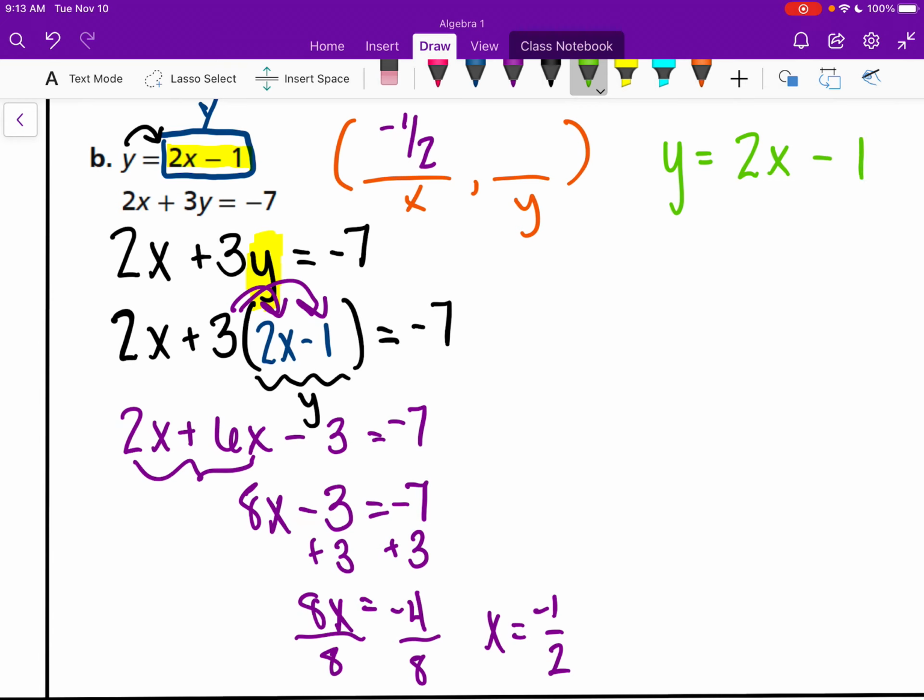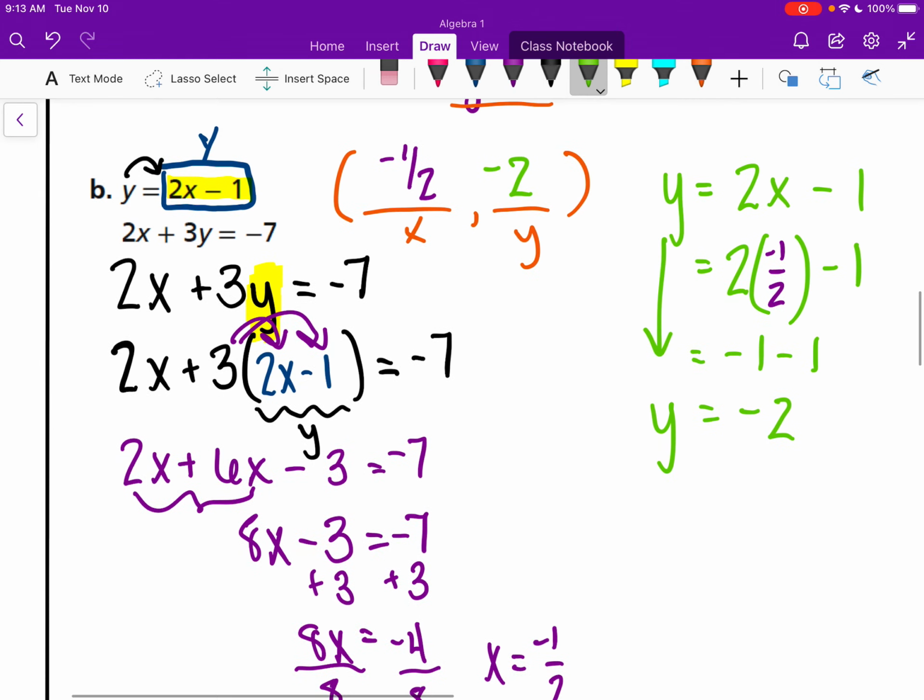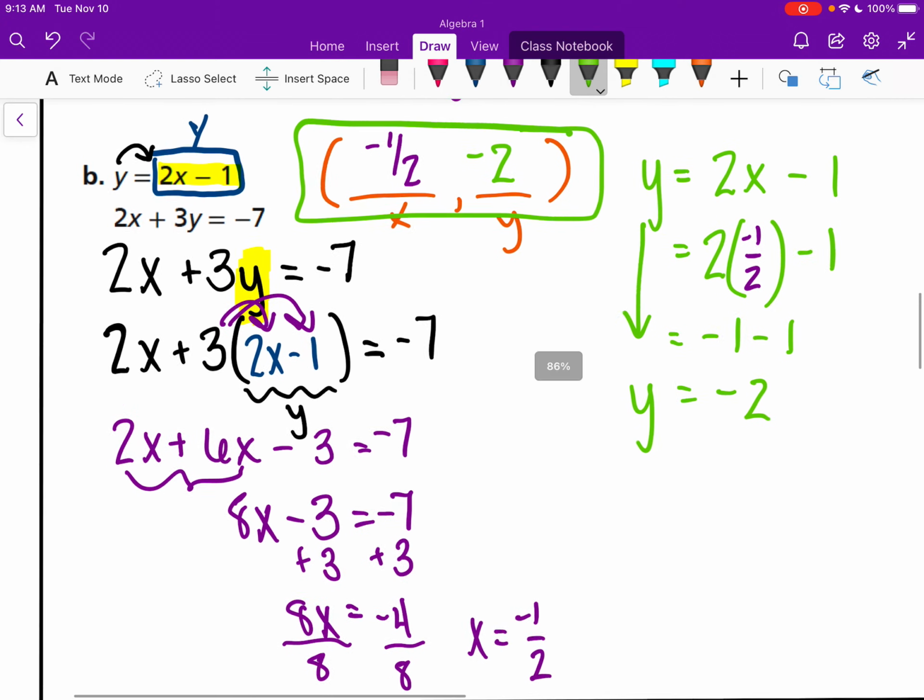We now know what x is, so we can say y is equal to 2 times negative 1/2 minus 1. And 2 times negative 1/2 is negative 1 minus 1, which is negative 2. So the y value is negative 2, and our ordered pair is negative 1/2 comma negative 2.